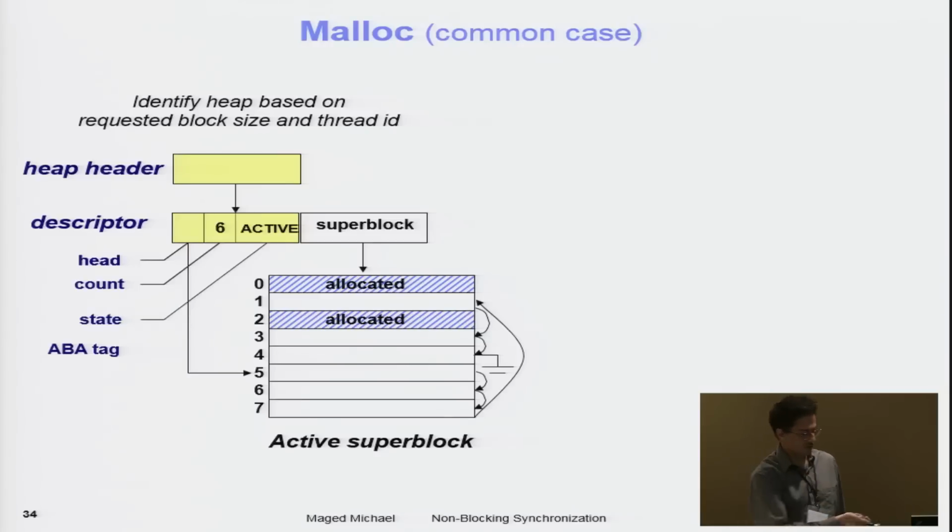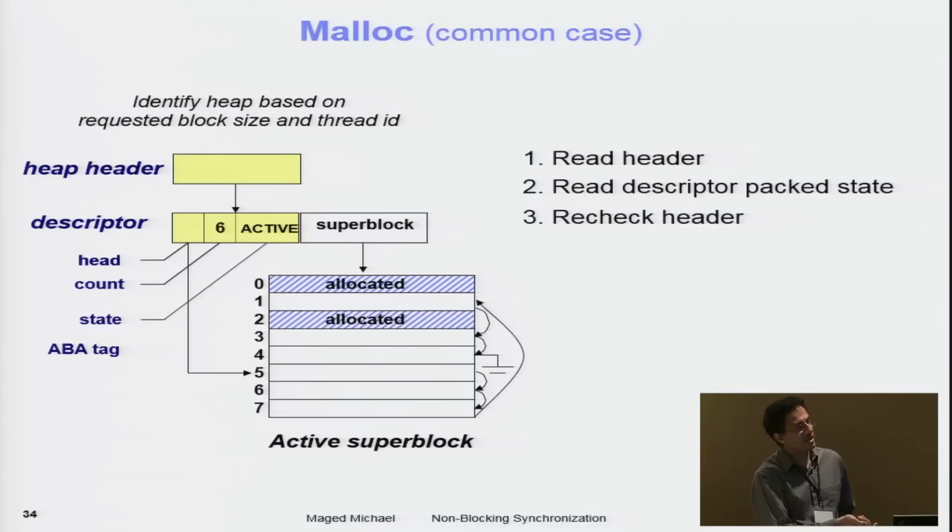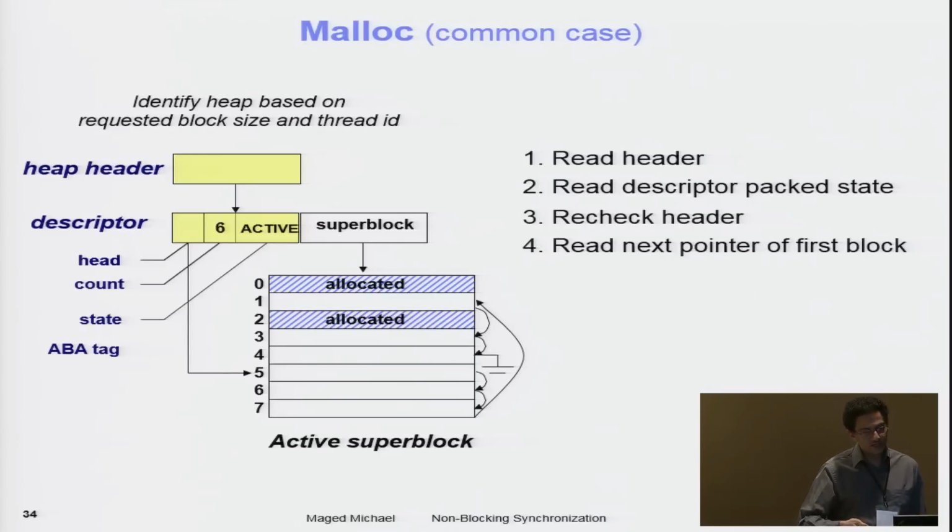First I'm reading the header, then I'm reading the descriptor state, and then I recheck the header, because it's part of the algorithm, and then I read the next pointer of the head of the list. So the head of the list is block 5, and the next pointer will be pointing to 6.